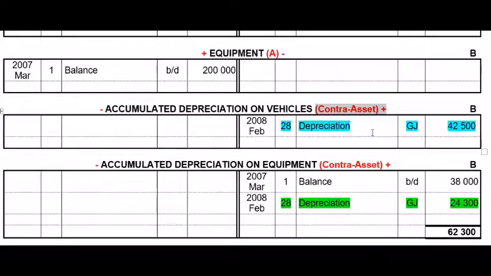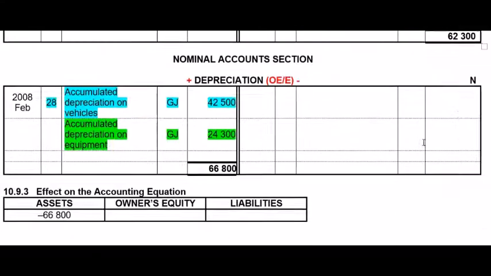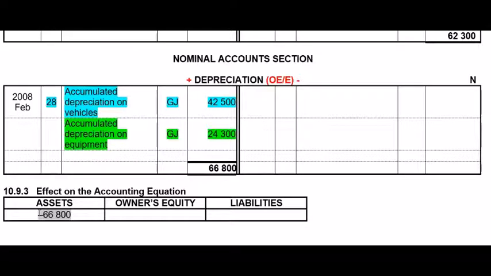So our assets actually decreased with a total of 42,500 plus 24,300, which is 66,800. Our owner's equity, expenses increased, and if expenses gets more, owner's equity decreased, also is 66,800. Nothing happened to our liabilities.